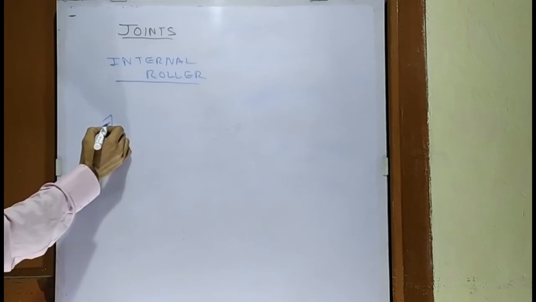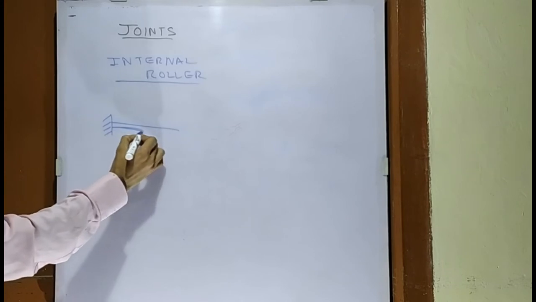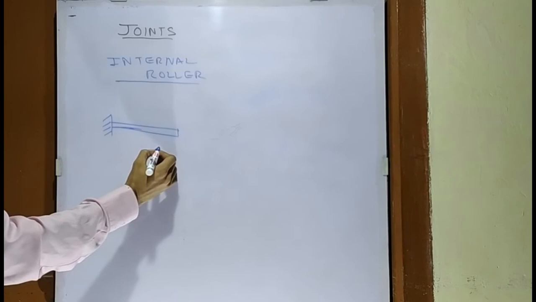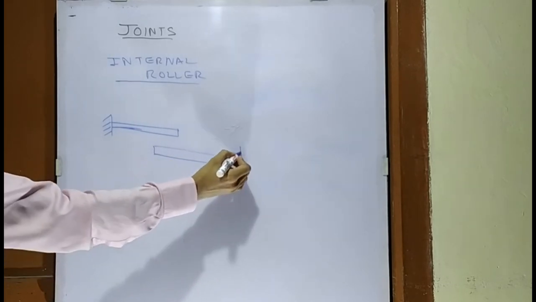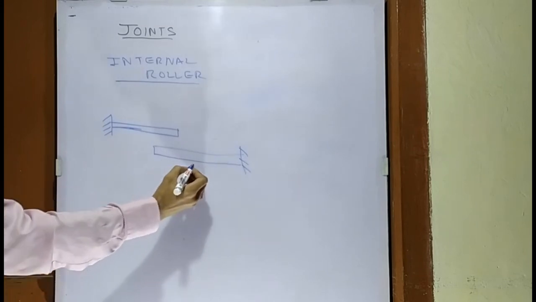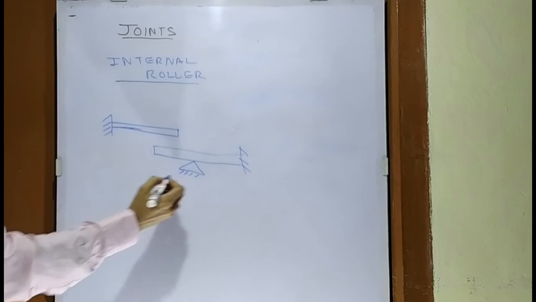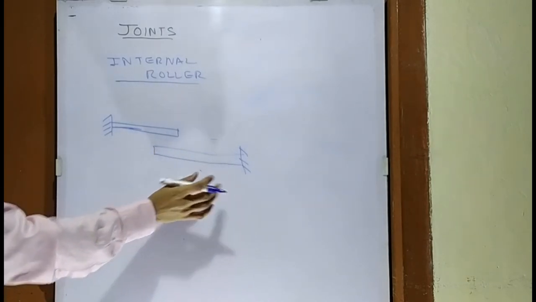Like if this is a beam, fixed at this end like this, and there is another beam like this, also fixed at this point, and we do not consider another support for simplicity.